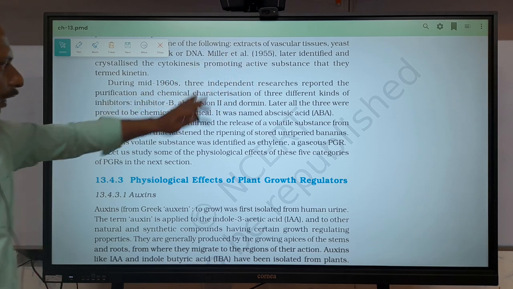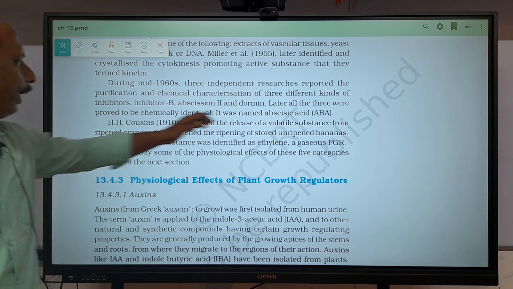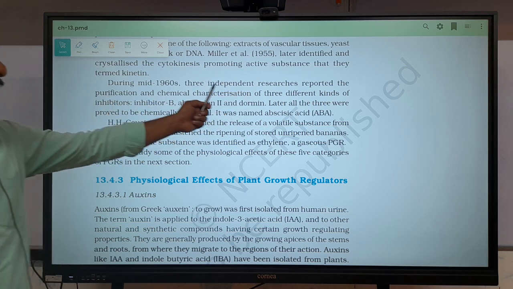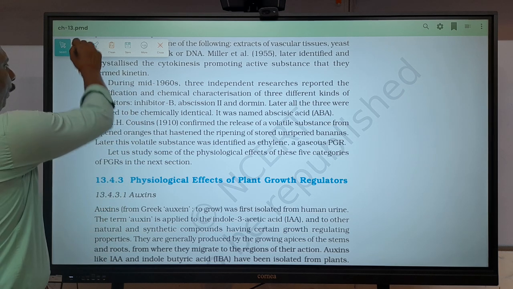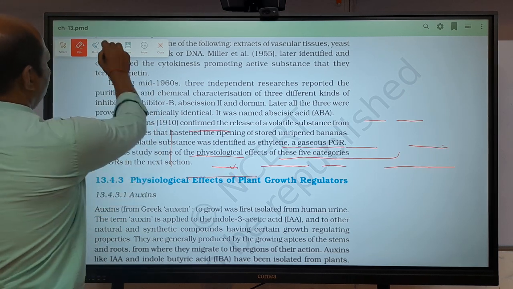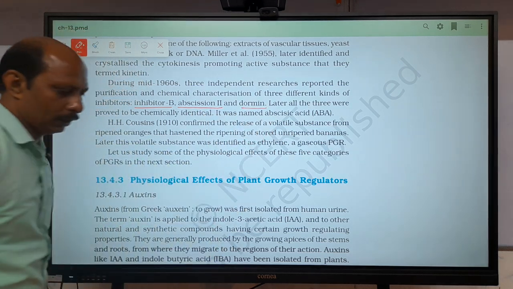After 5 years, in 1960, 3 independent research groups reported the purification and chemical characterization of 3 different kinds of inhibitors: inhibitor B, abscission II, and dormin.